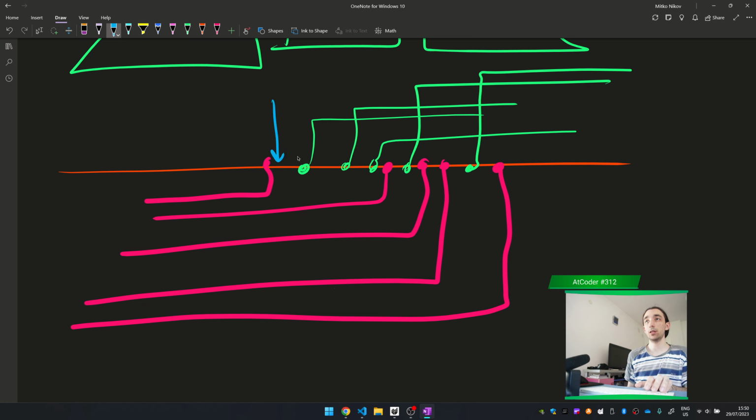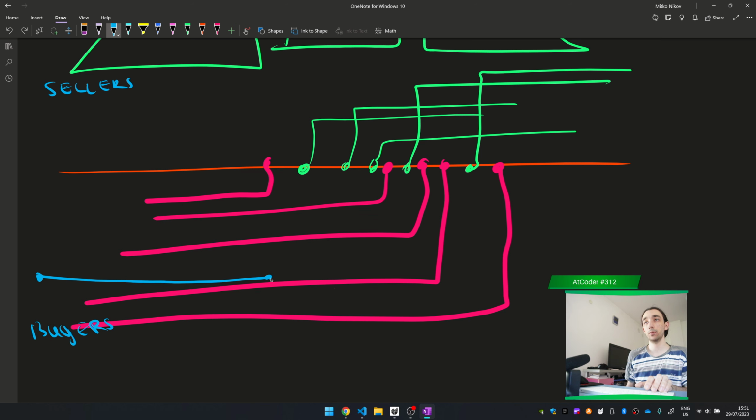Then it starts gaining sellers, but the number of people that will buy the product decreases. So let's write here sellers, and here buyers. There are a lot of buyers at the beginning, and then the trend is like this.